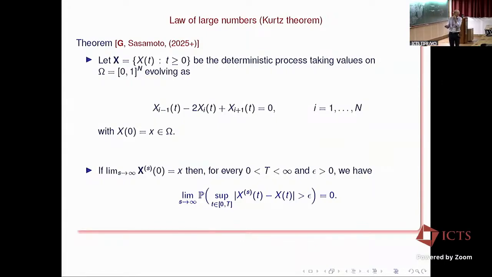In the limit s to infinity, the process depending on s is very well approximated by the discrete diffusion on the lattice, the discrete Laplacian. That's what we would naturally expect, no? And this is in this precise sense.